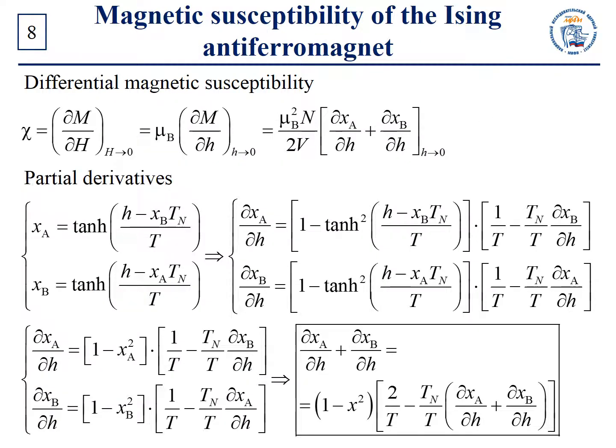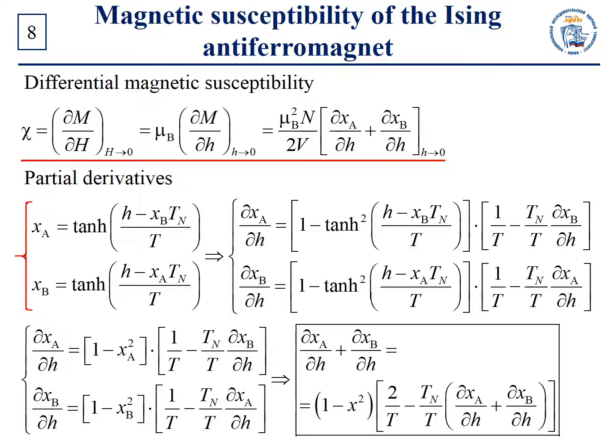As we have seen, the total magnetization in an antiferromagnet is equal to 0. Therefore, the traditional magnetic susceptibility is equal to 0 as well, but the differential magnetic susceptibility may not equal 0. Let us show this fact. Differential magnetic susceptibility of an antiferromagnet has the following form. Considering the system of equations for order parameters and taking into account that Tn is equal to zJ, we obtain the following system of equations.